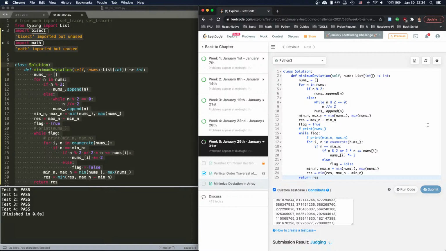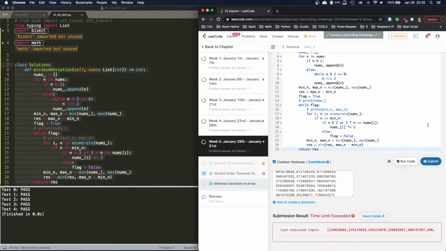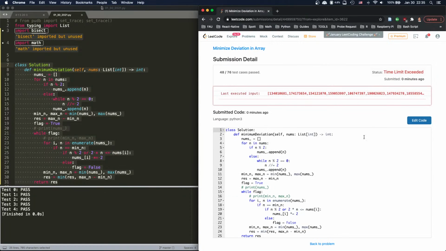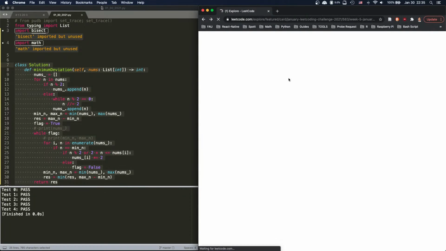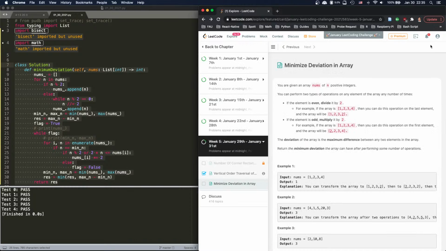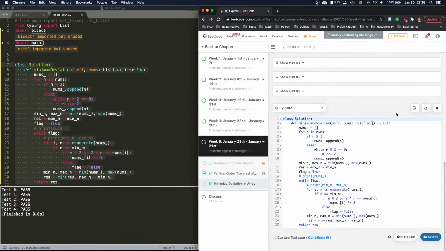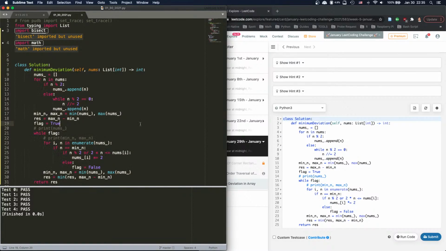Nah, it looks to me it's going to be CLE. It's CLE.